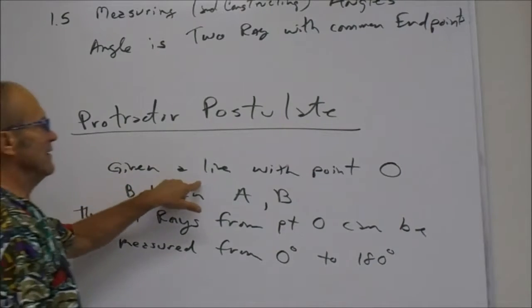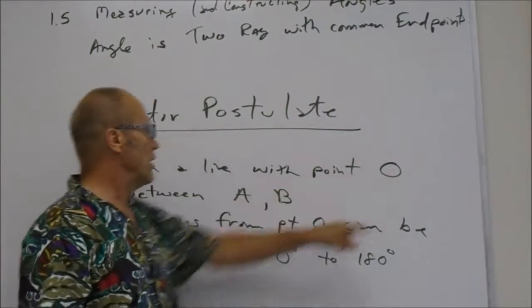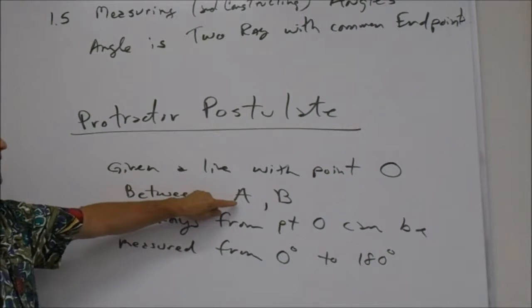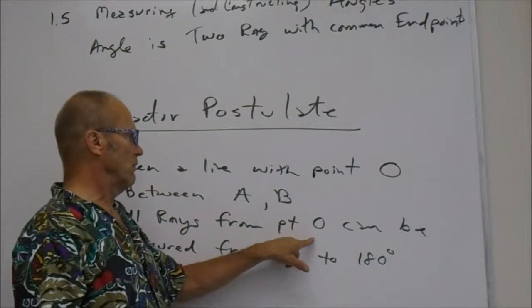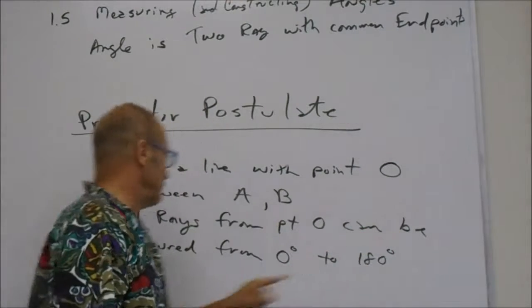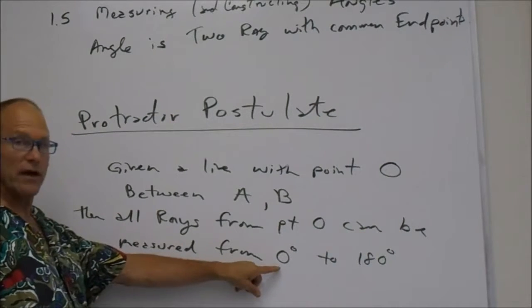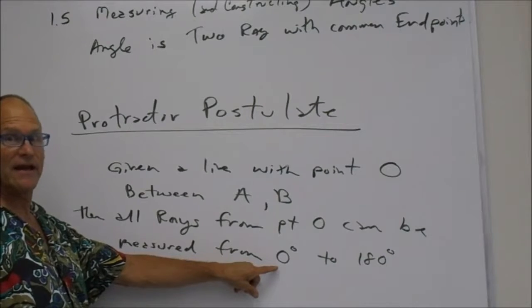So you're given a line with a point O between points A and B, then all rays from point O can be measured from 0 degrees to 180 degrees.